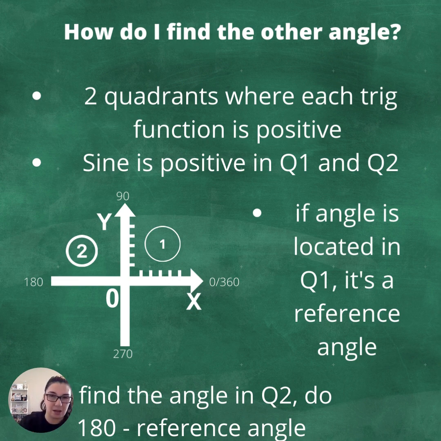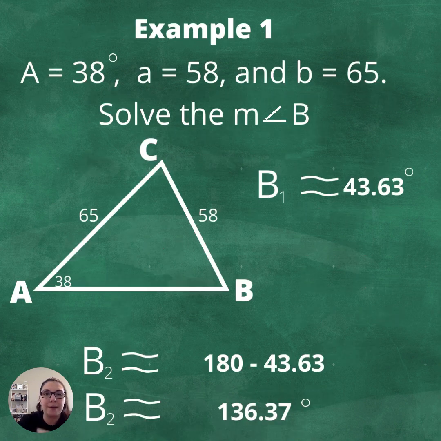So that's where this is coming from. Again, if somebody would like to see a video on this, let me know. Okay, so if I know that the first value of angle B is 43.63, I take 180 and subtract that from it, and my second value of B would be 136.37 degrees.